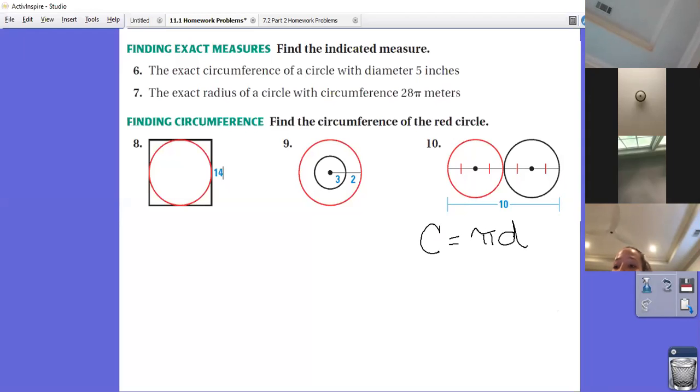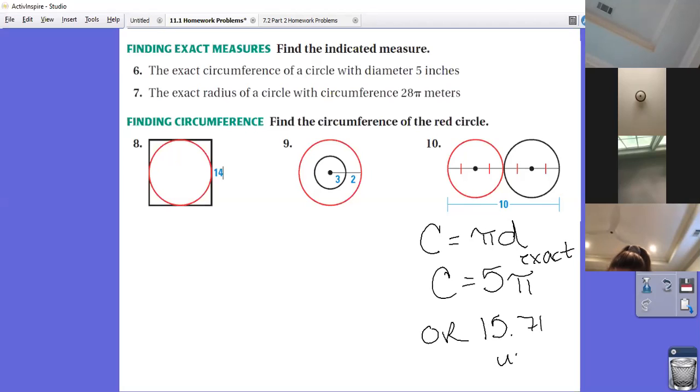If all the way across for both is 10, what's the diameter of one? Sandra? I thought you had your hand up. Sure, 5. Yeah, it's 5. So all we have to do is plug in 5 for diameter, and 5 pi would be our answer, that would be the exact answer. Or if you want the approximation, 15.71 units for that one. All right.